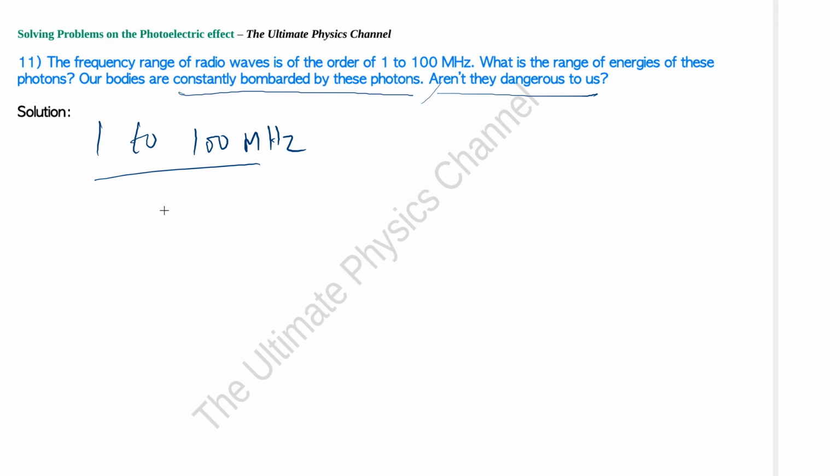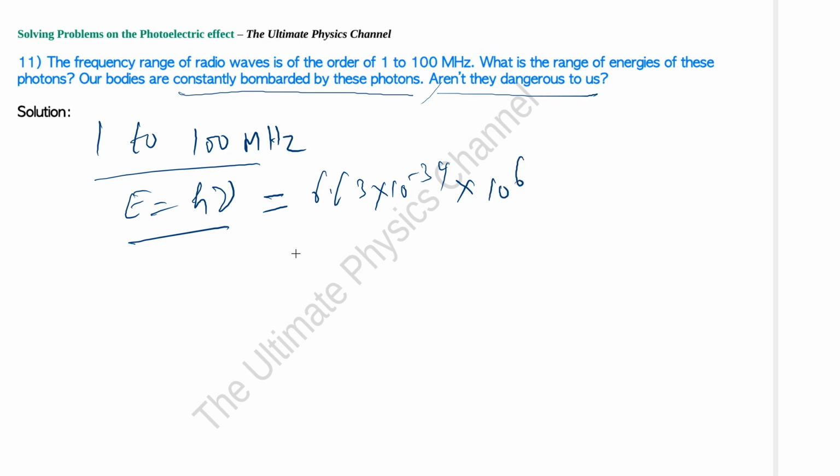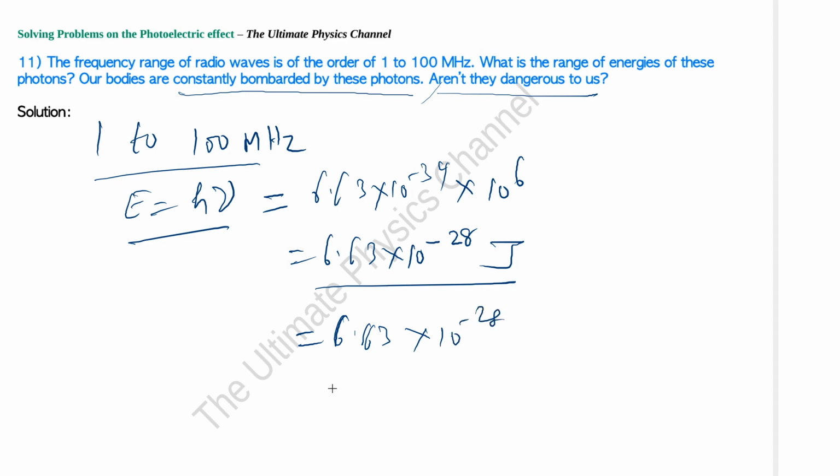Right, so for 1 megahertz, if you calculate E is equal to h nu, the expression for photon energy, 6.63 into 10 power minus 34 times 10 power 6, that is 6.63 into 10 power minus 28 joules. In eV, it is 6.63 into 10 power minus 28 over 1.6 into 10 power minus 19.